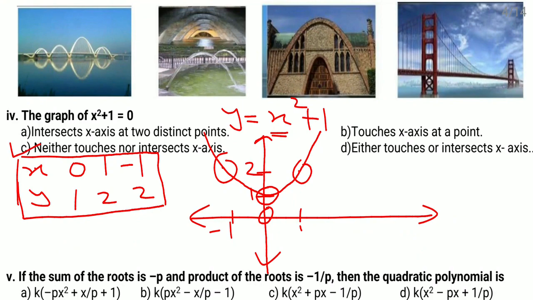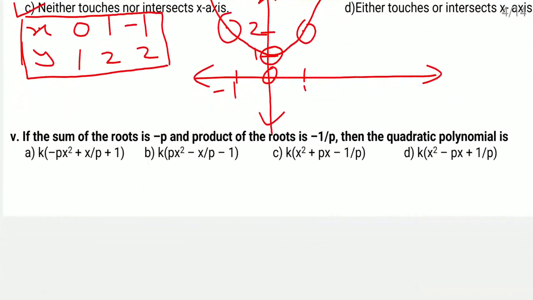Come to the next one now. Fifth one, they said if the sum of the roots is minus p and the product is minus 1 by p. That means alpha plus beta is given as minus p and alpha into beta is given as minus 1 by p.